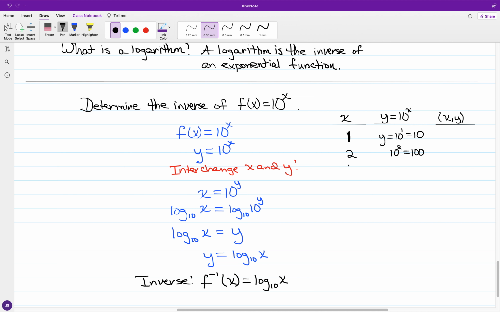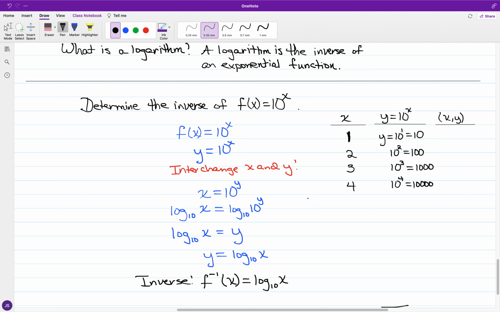which is going to be 100. If I go to x is equal to 3, the y value is going to be 10 to the third, which will be 1,000. And for x at 4, for y you have 10 to the fourth, which will be 10,000.